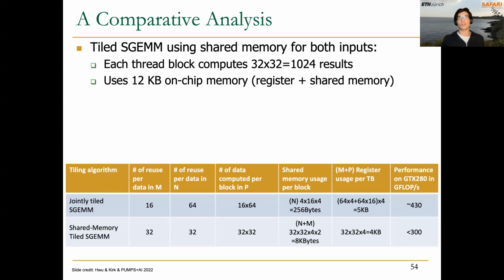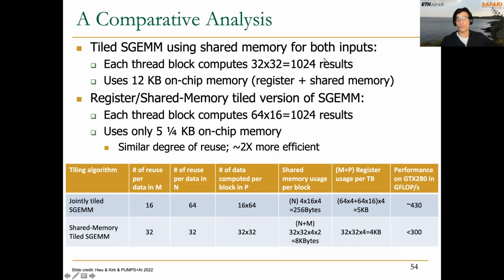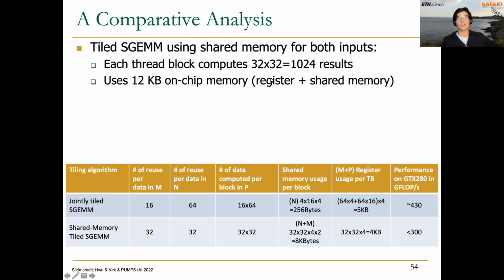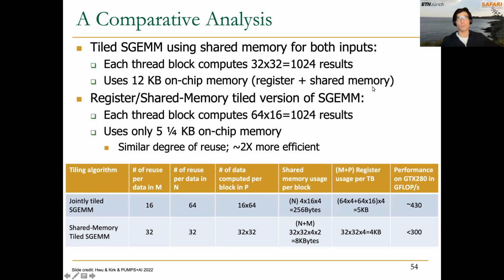No, sorry, because here the thread block is a 32 by 32 tile, so in total 1024 threads. So that means that each thread block computes a tile of 1024 elements of the output matrix, and in total it needs to use 12 kilobytes of on-chip memory, including registers and shared memory.